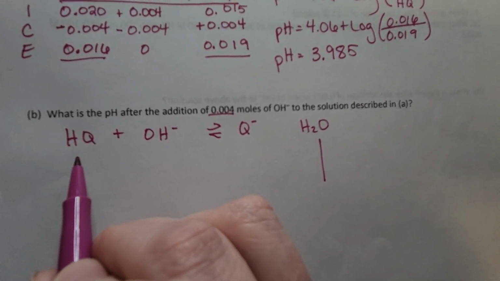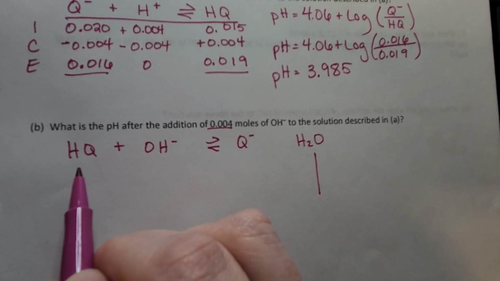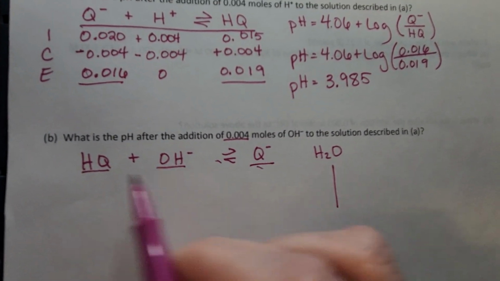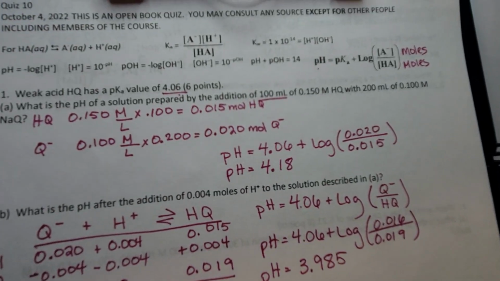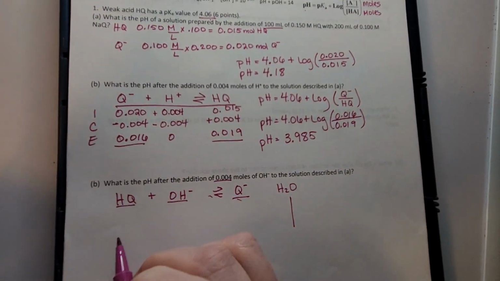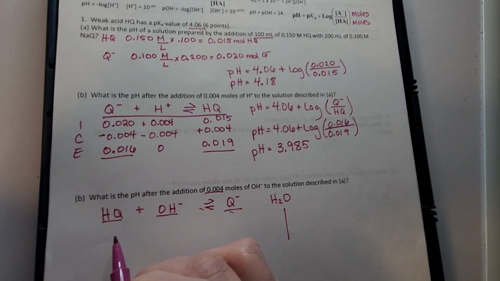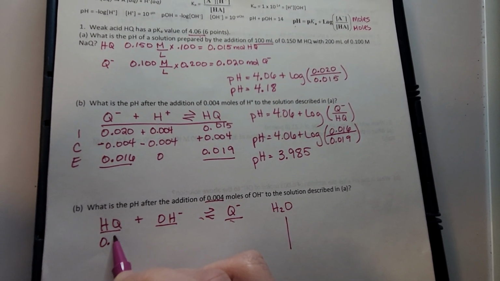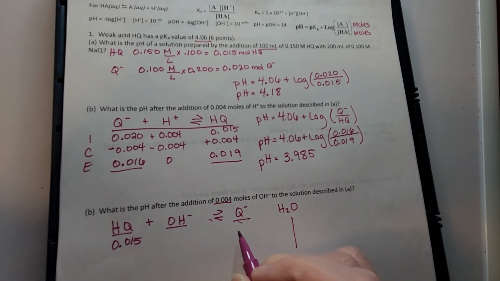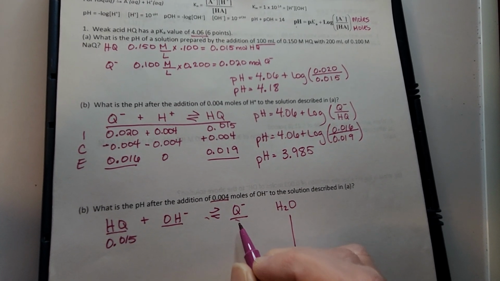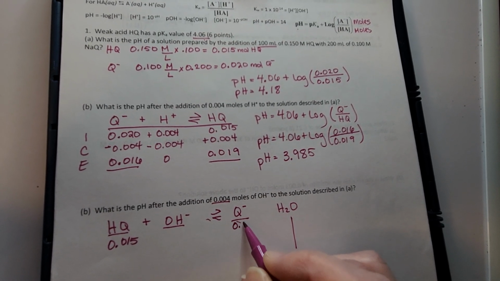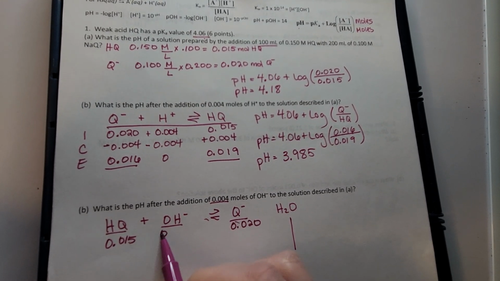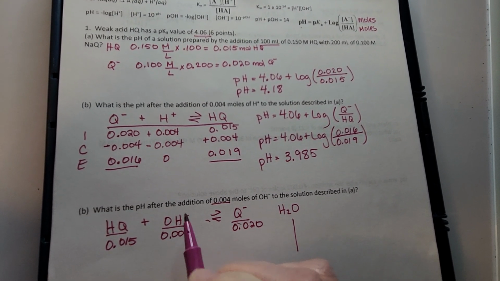So we're going to start with the quantity, the concentration that was described up here in part A. So our acid concentration, if you'll remember, was 0.015, and our conjugate base concentration was 0.020. Now we are adding 0.004 moles of hydroxide.